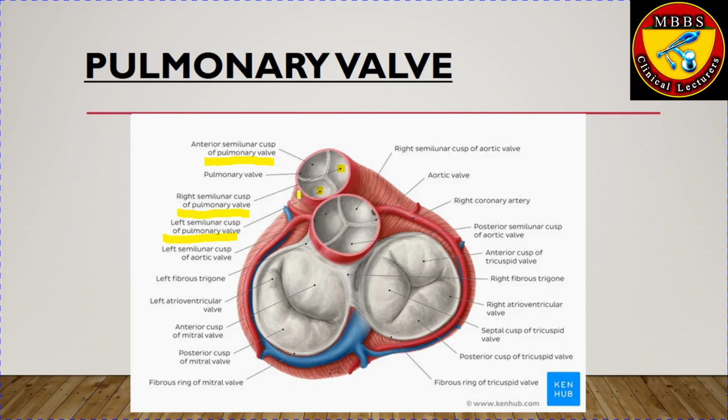They all are attached to the fibrous ring. This is the fibrous ring which is anchoring these valves. So when you view the pulmonary valve superiorly or from the pulmonary trunk, the cusps appear concave.